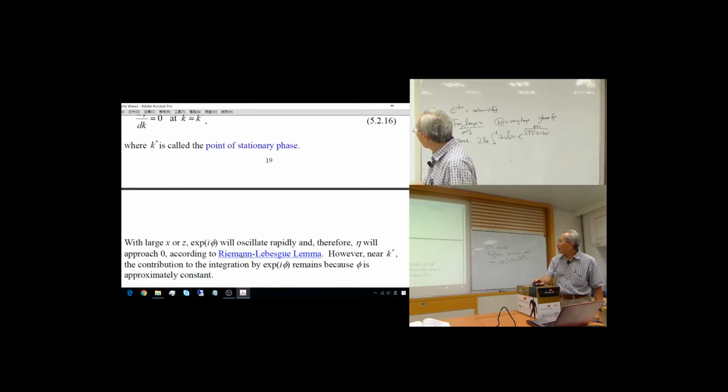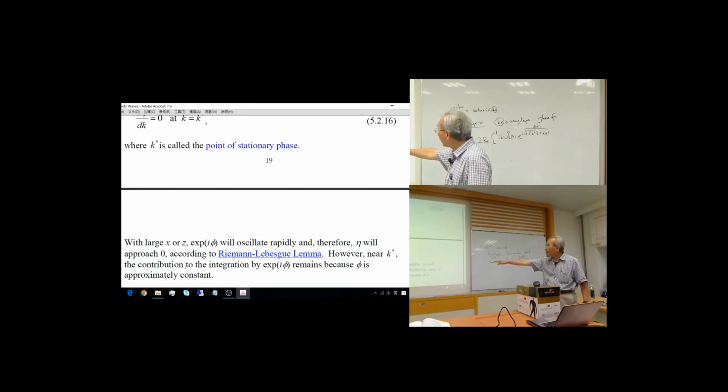And then for large x or g, e to the i phi will oscillate rapidly. Therefore eta will approach 0. However, near k star, the contribution to the integration by e to the i phi remains. So you can get the solution.